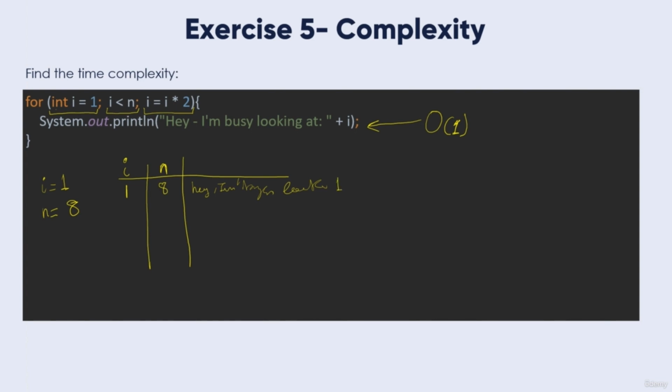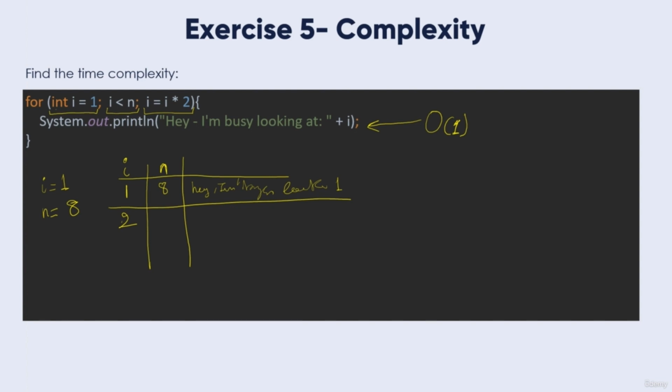Please concentrate with me, guys. This is the first iteration. Okay? Now, this is executed. Going up, i is increased by times 2. So 1 times 2 is equal to 2. So this is 2. Okay?